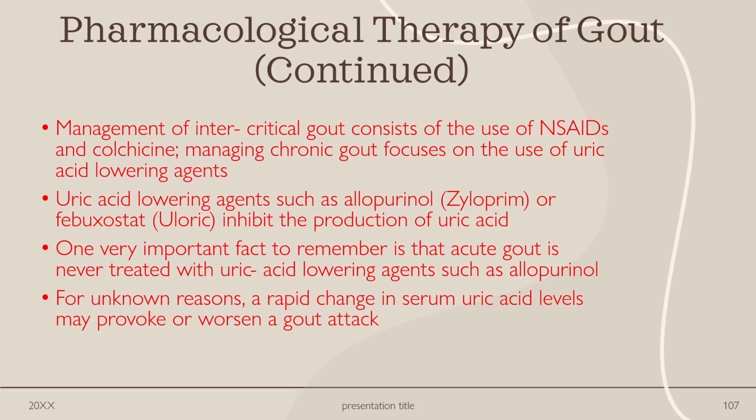One very important fact to remember, ladies and gentlemen, is that acute gout is never treated with a uric acid lowering agent such as allopurinol. For unknown reasons, a rapid change in the serum uric acid levels is going to provoke or worsen the gout attack.